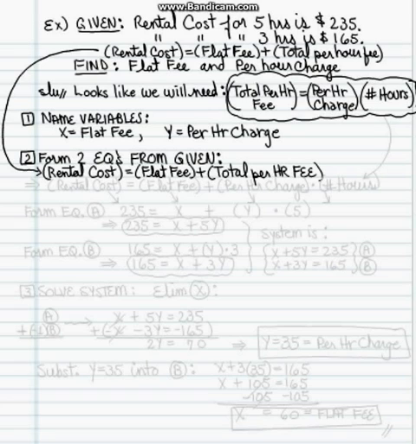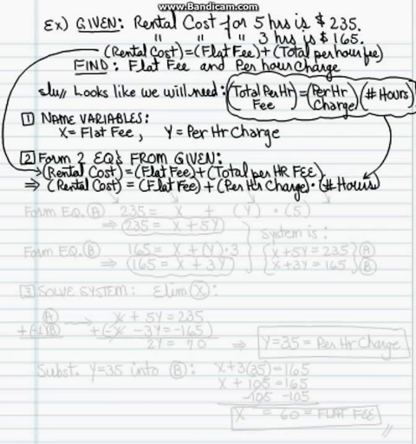We just mentioned at the beginning of the solution that the total per hour fee is equal to the per hour charge times the number of hours. So we'll substitute that in here. So that gives us the rental cost is equal to the flat fee plus per hour charge times number of hours.